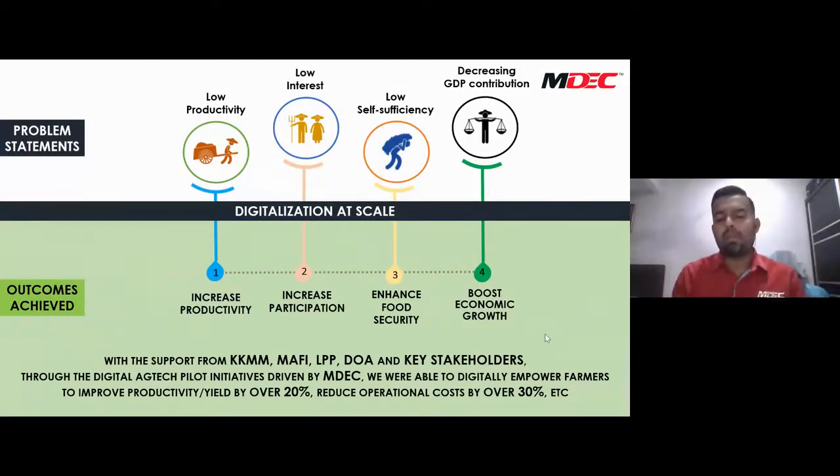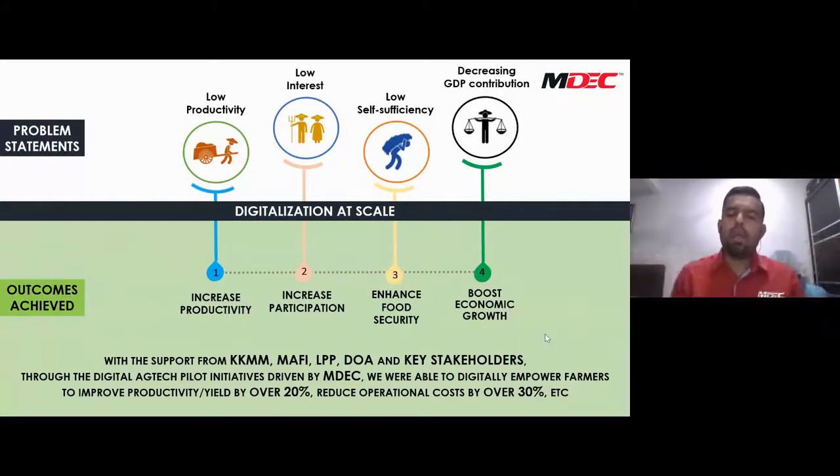With digital and data-driven approaches, the outcomes we intend to achieve, or rather are already achieving, are increasing productivity, increasing participation, especially with the younger generation, enhancing food security, which is now a global threat because there's scarcity of food, and last but not least, boosting digital economic growth.